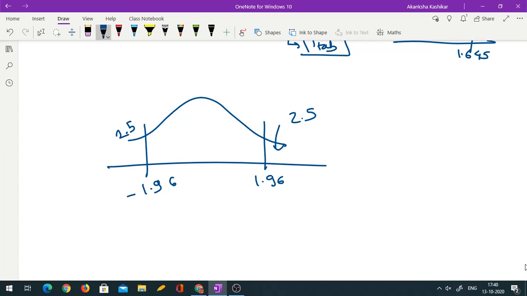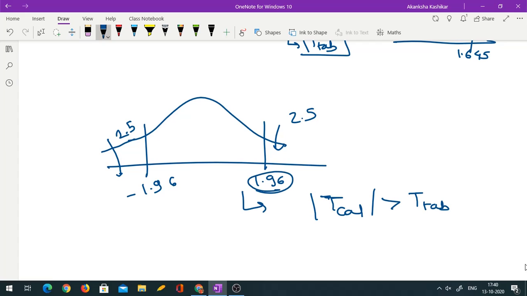So now we know that we are going to reject if my observed value falls in the rejection region. So what we check is, for a two-sided rejection region, my observed or calculated value of the test statistic in mod should be greater than the tabulated value of the test statistic. So tabulated means 1.96. Okay.